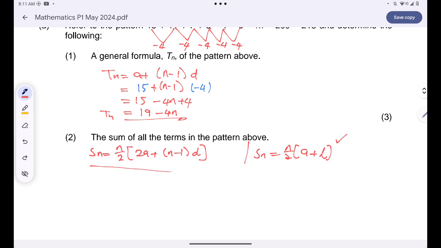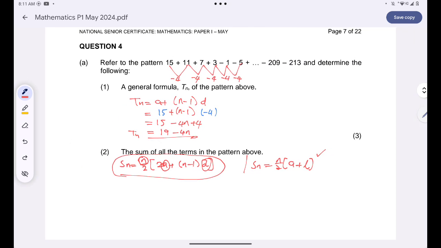However, the first equation will always work whether you have the last term or not. Are you together? And there are only three things you need: the number of terms, the value of the first term, and the common difference, right? I do have the value of the first term. I know the common difference. The only thing I'm short of is the number of terms.